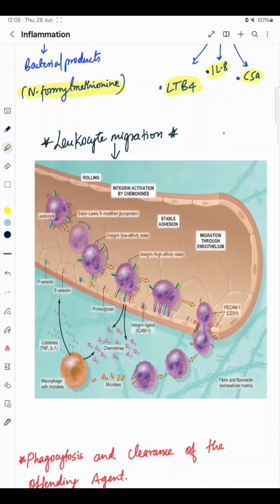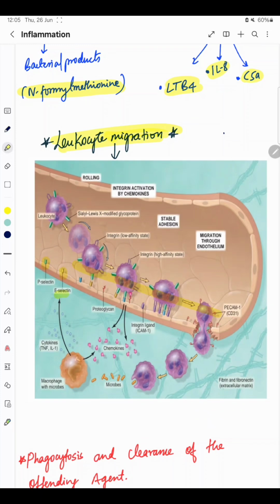This is a diagrammatic representation of the process of leukocyte recruitment. First of all, as we can see, this is the margination of the leukocytes from midstream to the periphery. Then we can see the selectins over here.